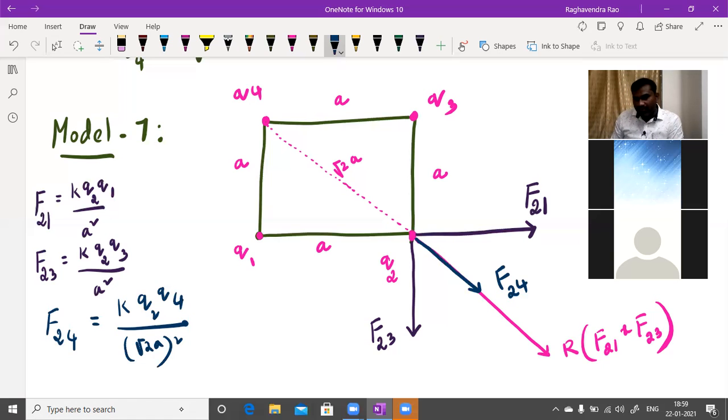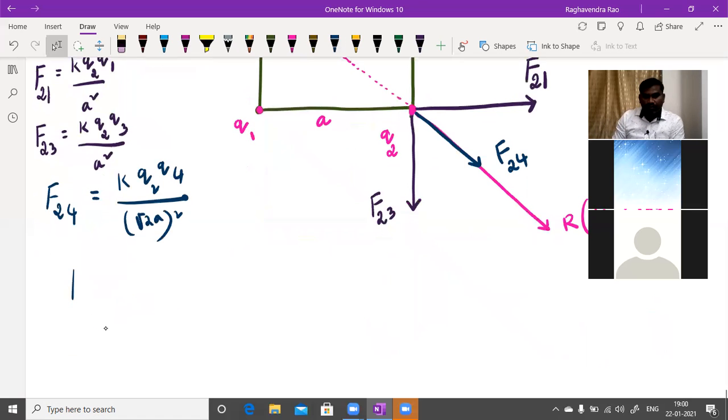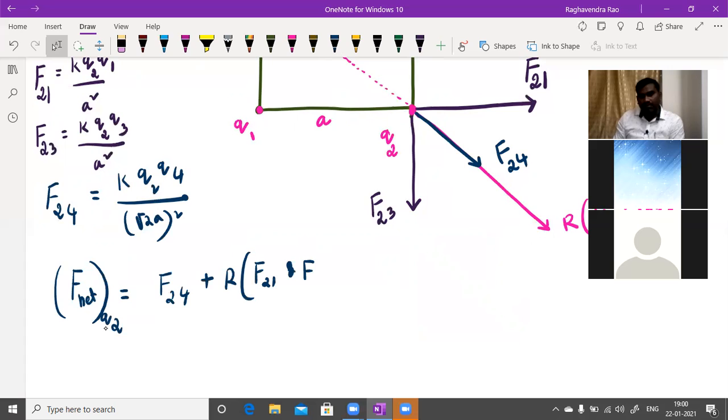Now what is the net force on Q2? The resultant of F21 and F23 is acting in this direction. F24 is also acting in this direction. That means the sum of these two is in the same direction. So the net force on charge Q2 is equal to F24 plus the resultant of F21 and F23.